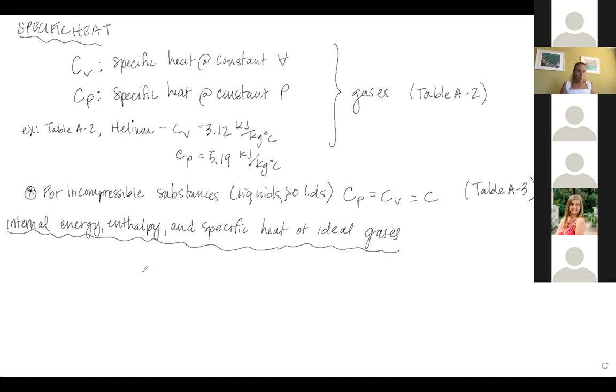One of the main relationships is that the change in internal energy, du, is equal to the specific heat at constant volume at a given temperature times the change in temperature. And the change in enthalpy is equal to the specific heat at constant pressure for a given temperature times the change in temperature.